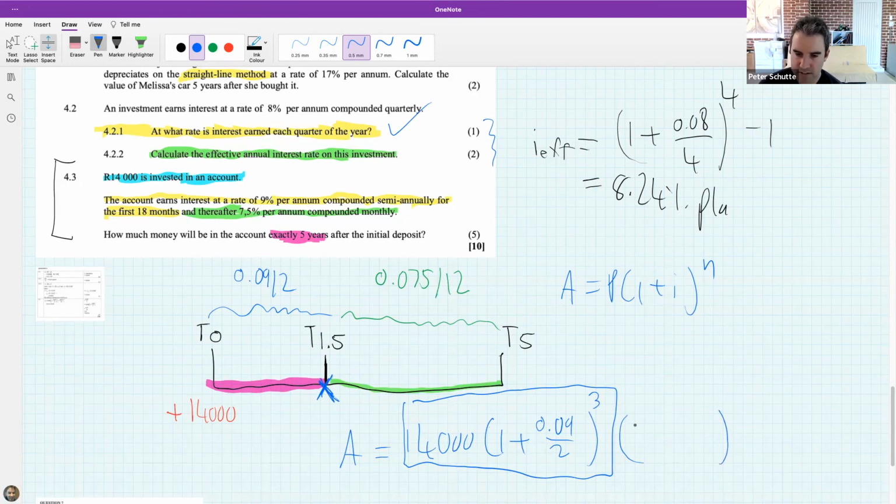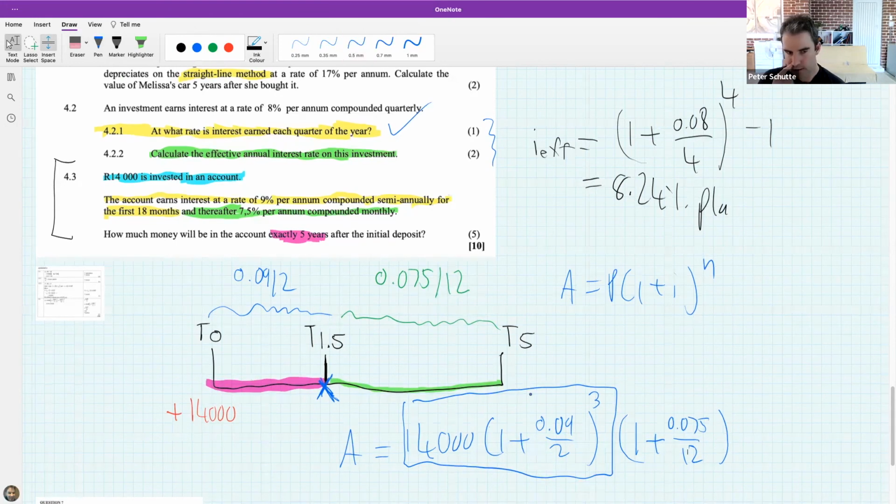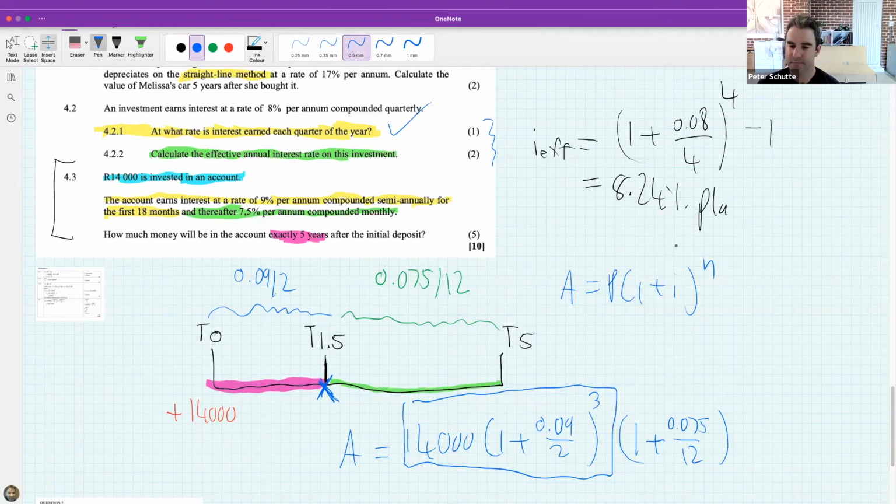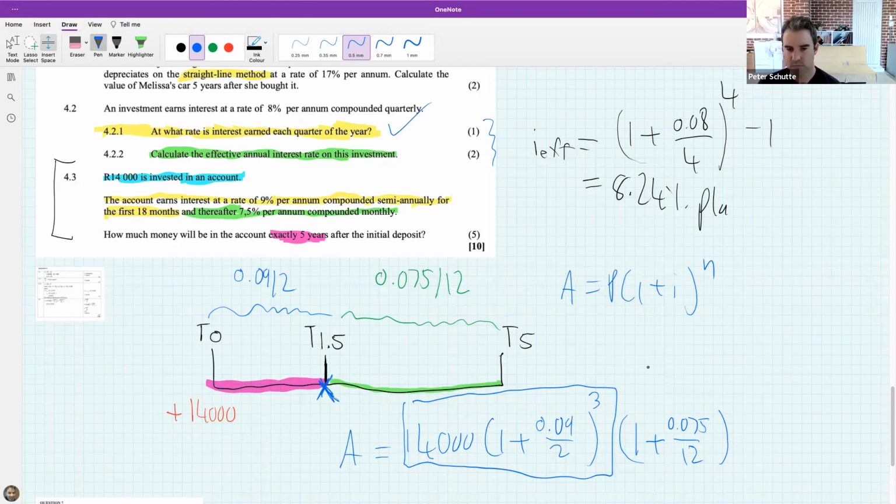So the next part of the calculation looks like this, and it goes 0.075 over 12. And you have to ask yourself, how many months are there in the green part? So from year 1.5 to year 5, how many months are going to fit in the green part? Pop that in the chat.